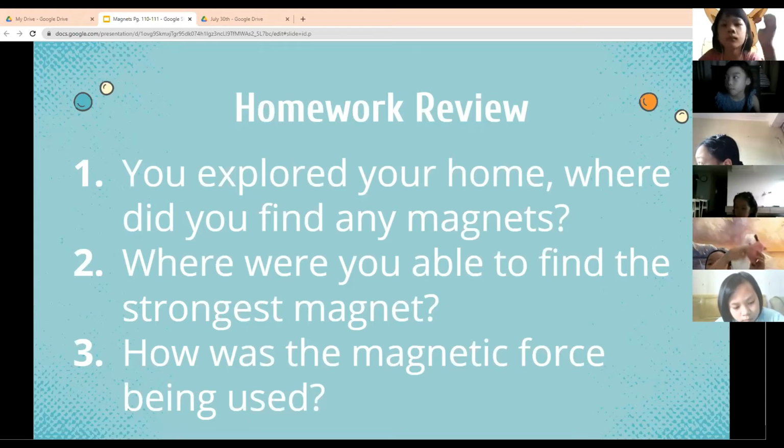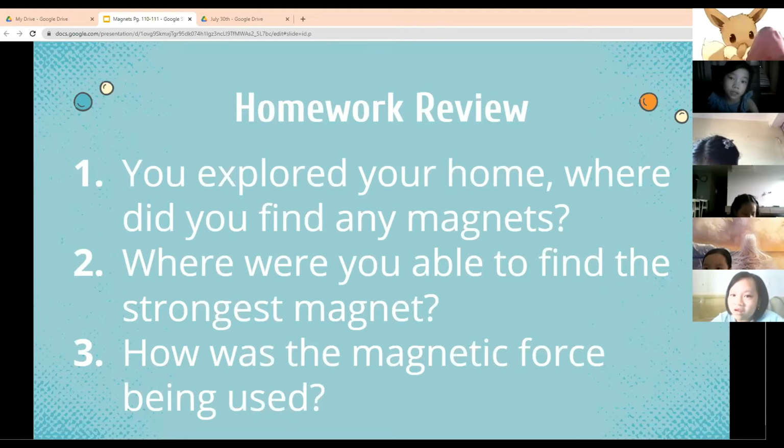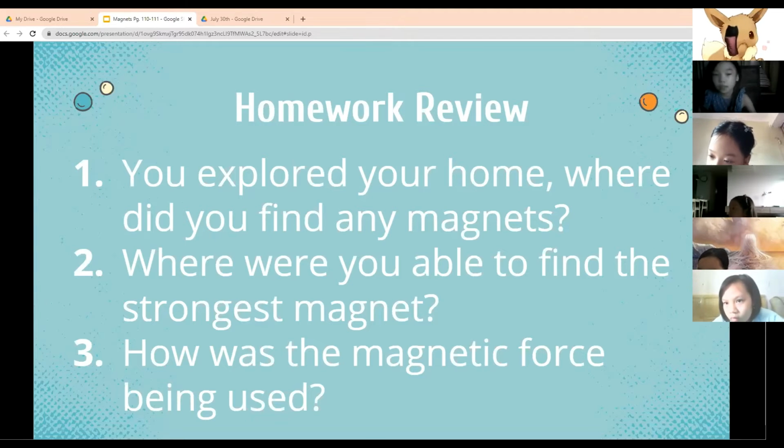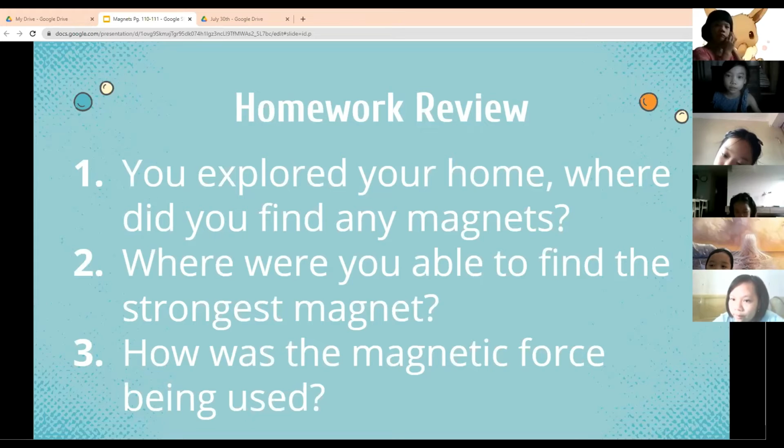I can't say this word in English. Okay. Can you just describe to me what you would do with it? It is the thing that we wear in clothes. Okay. Well, I'm glad you were able to find one. I'll have to check your homework to see what magnet it was.